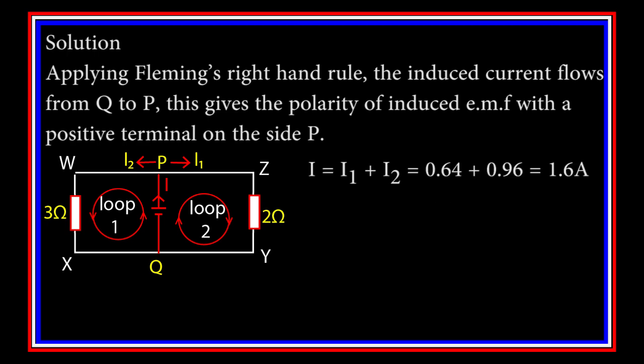I is equal to I1 plus I2 is equal to 0.64 plus 0.96, which is equal to 1.6 amps. Power is equal to EI is equal to 1.92 times 1.6 is equal to 3.1 watts.